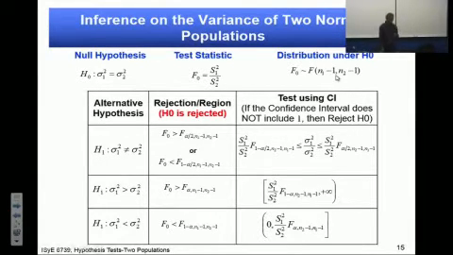Therefore, these are the critical regions that we have, and this is the confidence interval. For the confidence interval method, if one belongs to this confidence interval, we do not reject H null, otherwise we reject H null. This is for two-sided, this is for one-sided greater than, and this is for one-sided less than.